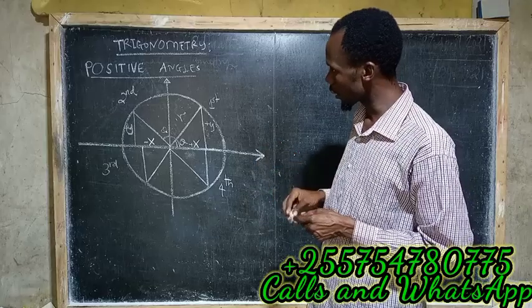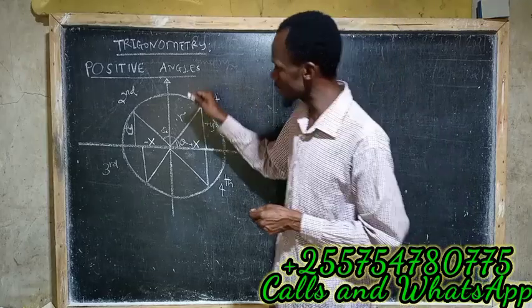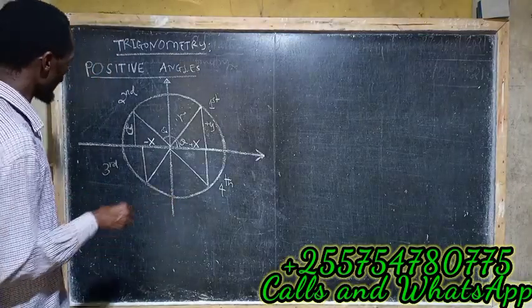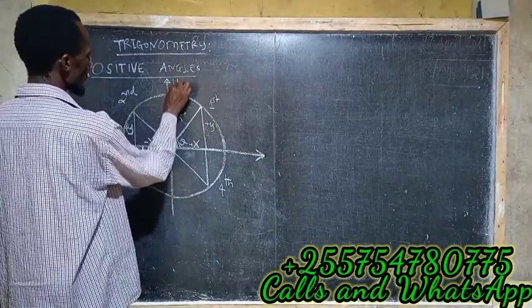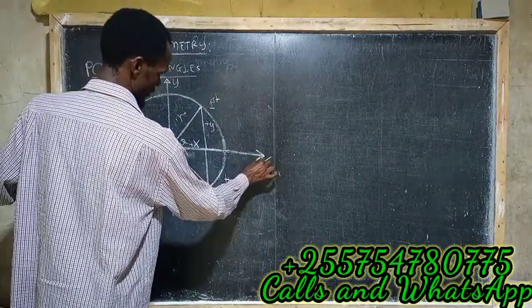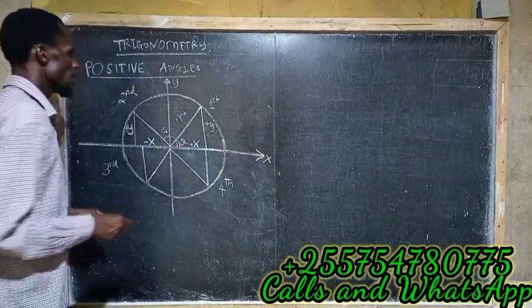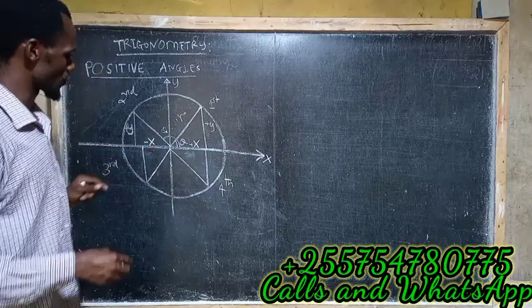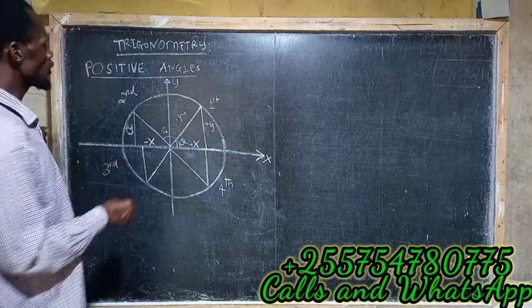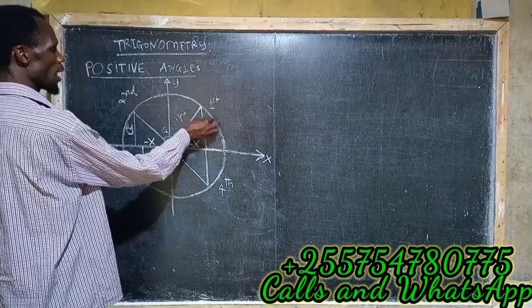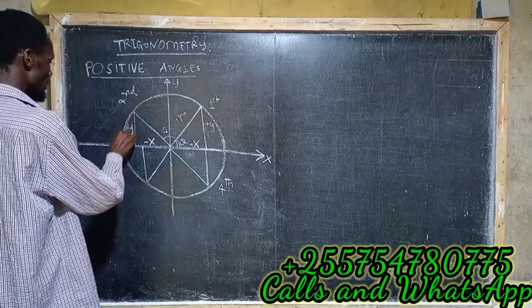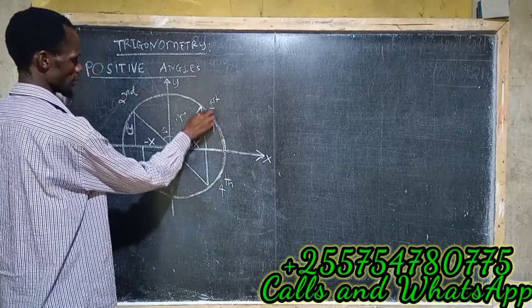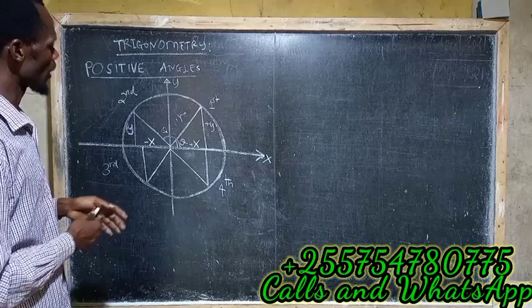If now you consider the XY plane, this is the Y and this is X. By using this XY plane, we can draw a circle around it.